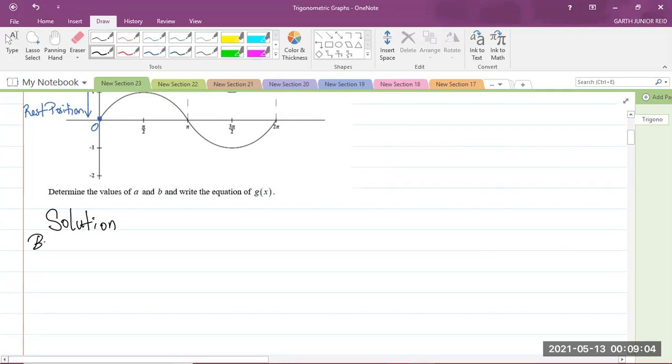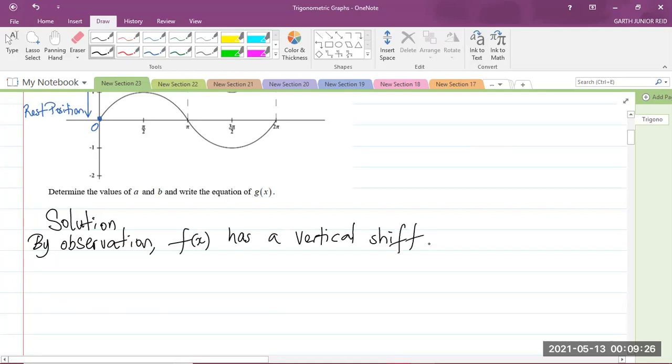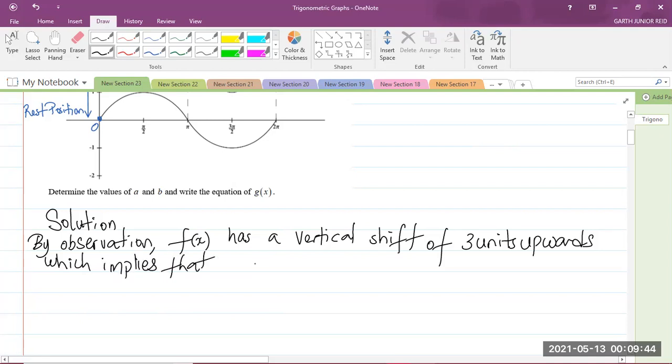So the solution is by observation. By observation, the function f of x, we had said that it has a vertical shift of 3 units upwards, and that implies that the value of a is equal to 3.